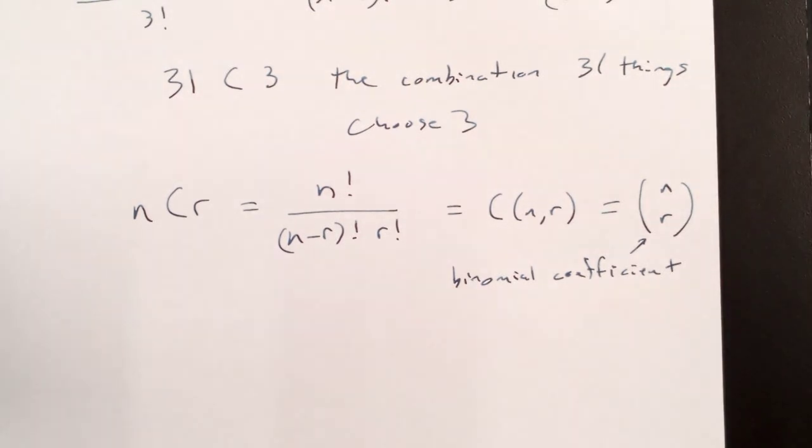So, how many 3-scoop ice cream cones are there if the order doesn't matter? 3-scoop ice cream cups this time at Baskin-Robbins.